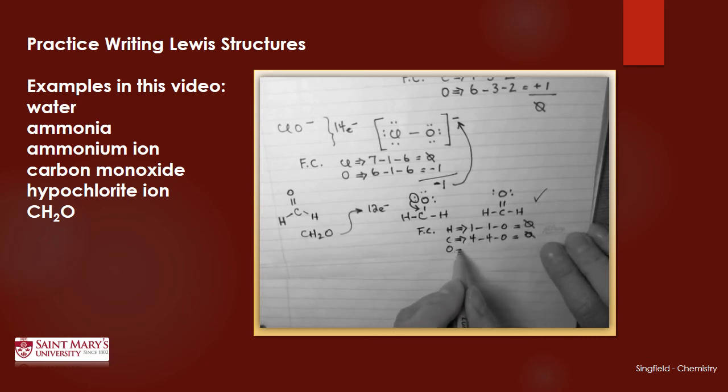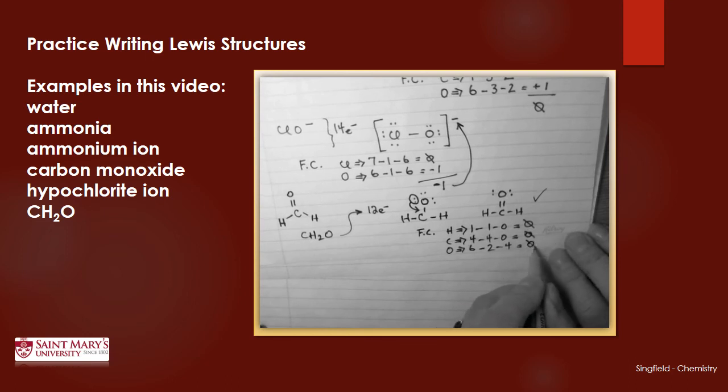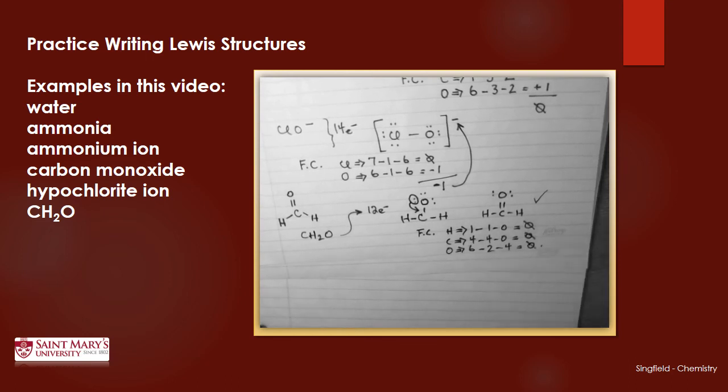And the oxygen, 6 valence minus half of the bonding minus all of the non-bonding, 0. The sum of the formal charges is the charge on the molecule, which is nothing. And that's the beginning of our practice of structures.